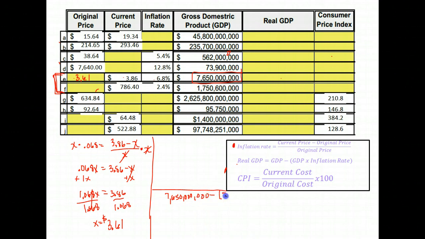We're going to subtract from that number multiplied by the inflation rate, which our inflation rate again for this example is 0.068. So we start by taking 0.068 times 7,650,000,000.